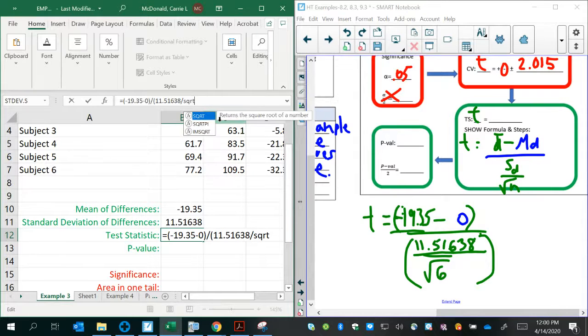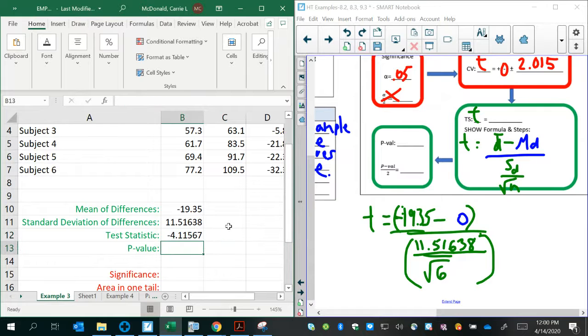Divided by the square root of 6. Now, I've just closed my square root there. I need a second parenthesis after that to contain my denominator. Okay, so I'm getting negative 4.116 approximately for my t-score test statistic.